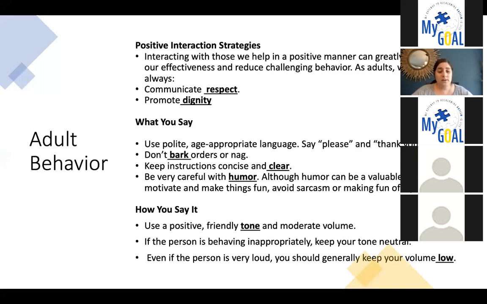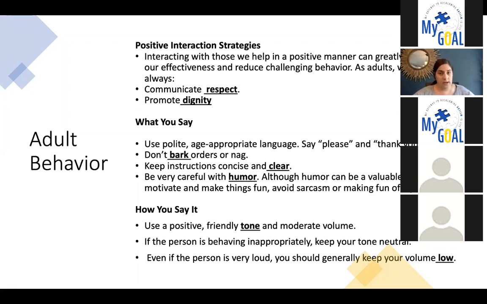We're going to try to use positive, friendly tones and a low, moderate volume. Keep your voice normal, where you would normally have a conversation, to just continue to provide that normalcy. If the child is starting to behave inappropriately, that's when it's the most important to keep our voice neutral, because we, again, want to model how we want our children to act.